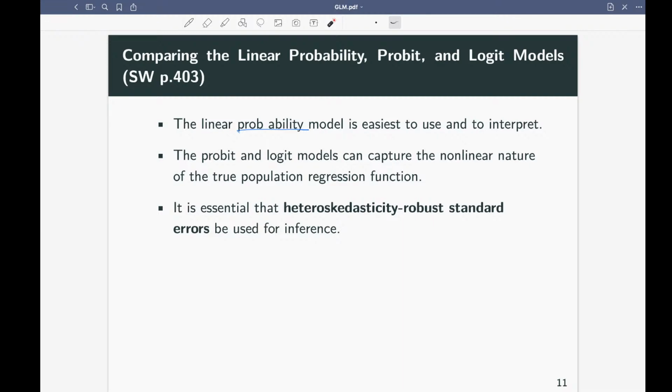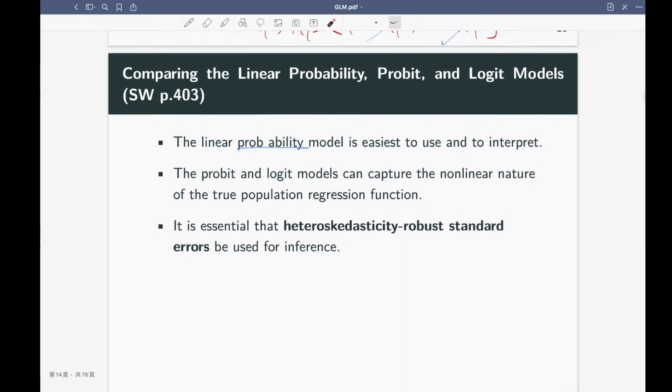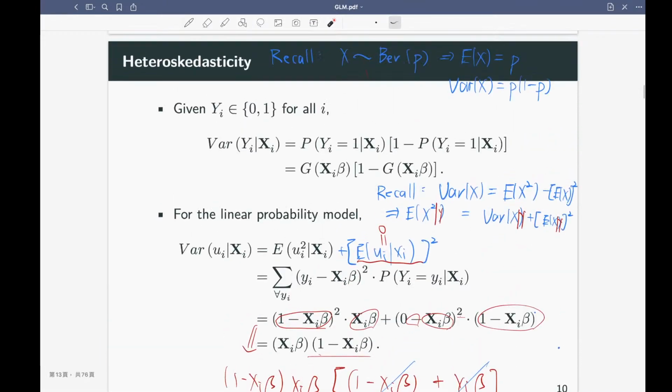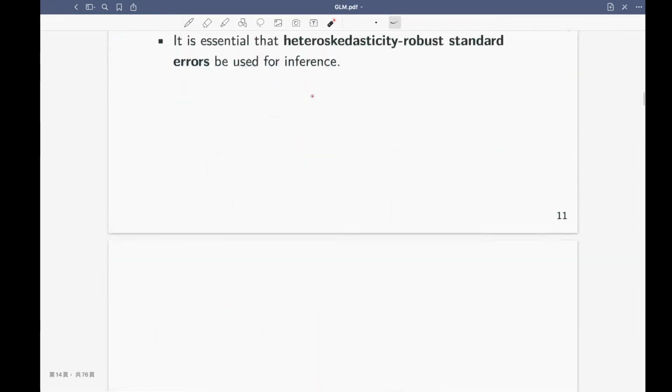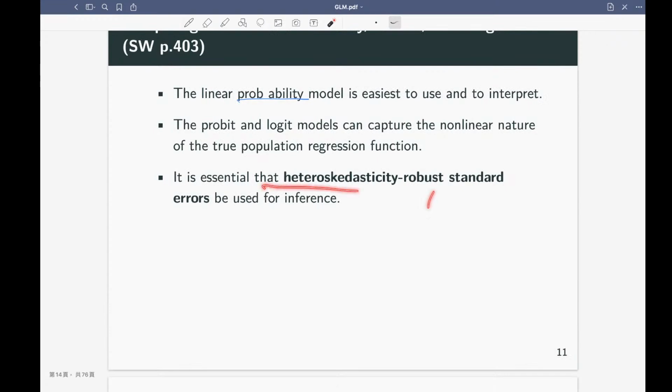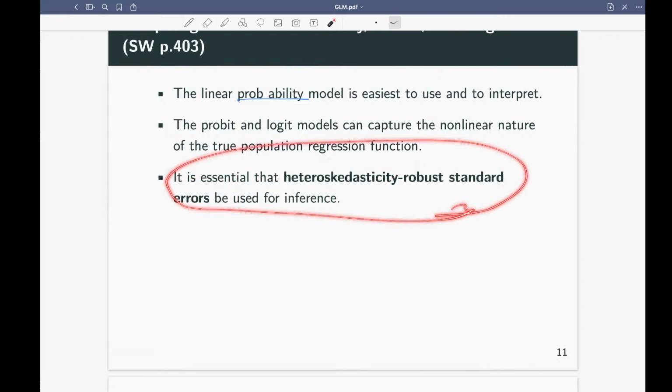And for the result on this page 10, we should use the heteroskedasticity robust standard error. Okay, so this result is very important.